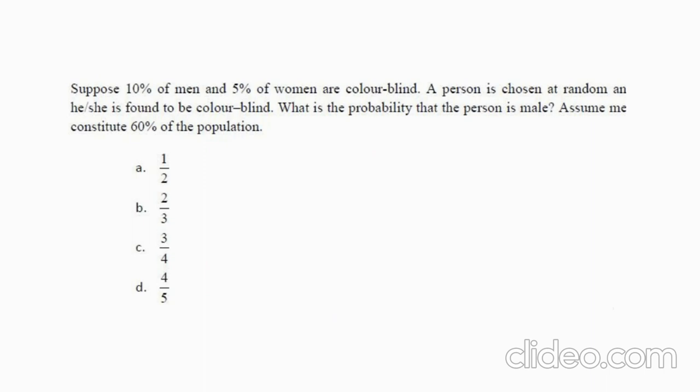So, next question we have here is that suppose 10% of men and 5% of women are colorblind. A person is chosen at random, and he or she is found to be colorblind.